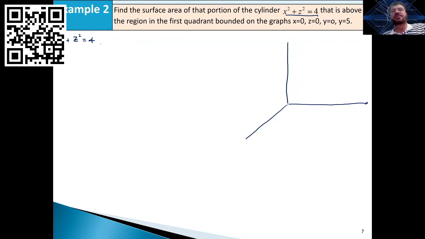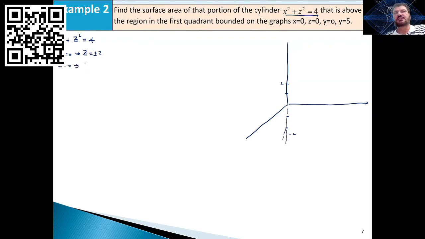All right. If we let x equal to 0, what do we get? We get z is equal to plus or minus 2. Here is 2, and down there, here is negative 2. When z is equal to 0, what do we get?